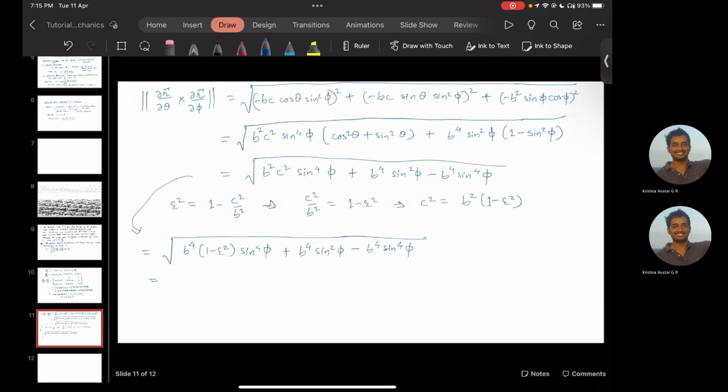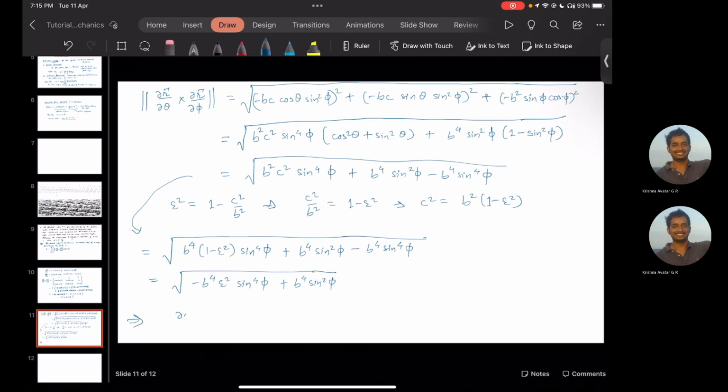And eventually we have certain terms cancelling out, right? So what we have is minus b to the power 4 epsilon squared sine to the power 4 phi plus b to the power 4 sine square phi.